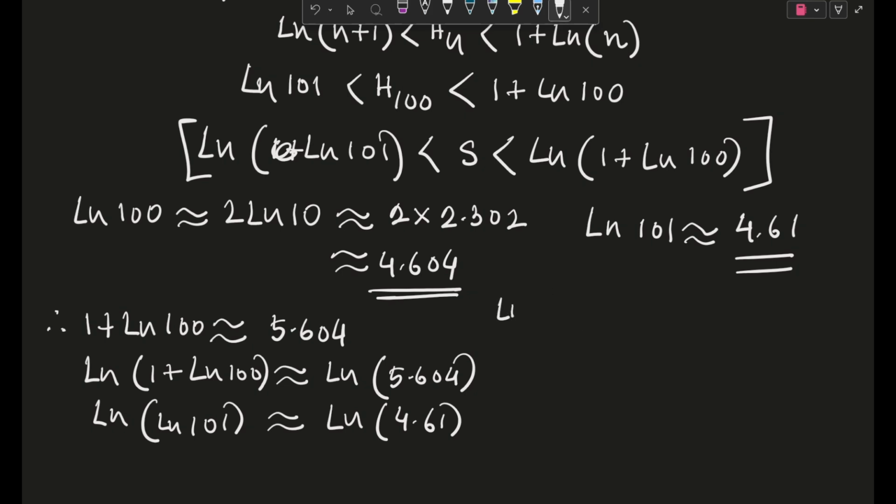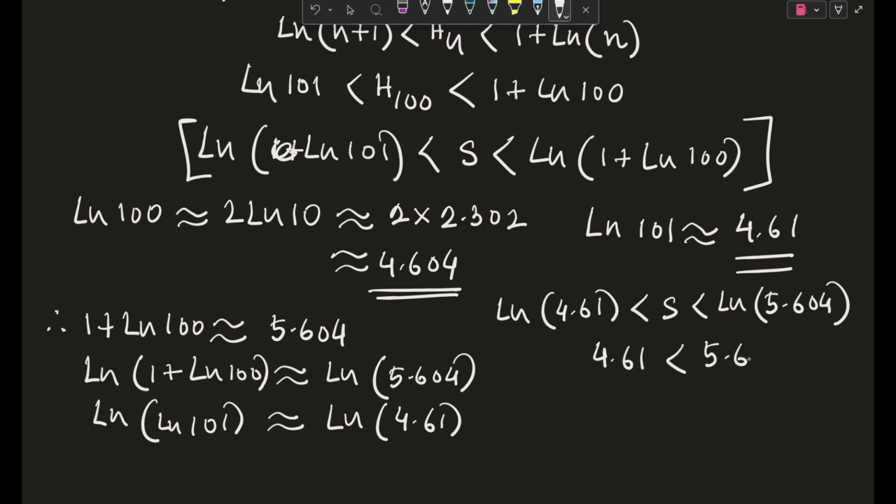So now we can write ln of 4.61 is less than s is less than ln of 5.604. And one thing that everybody, even kids, will know is that because ln is an increasing expression and 4.61 is less than 5.604, if we put ln on both sides, the sign of the inequality still remains the same. I hope this was really evident, I don't have to mention this explicitly.